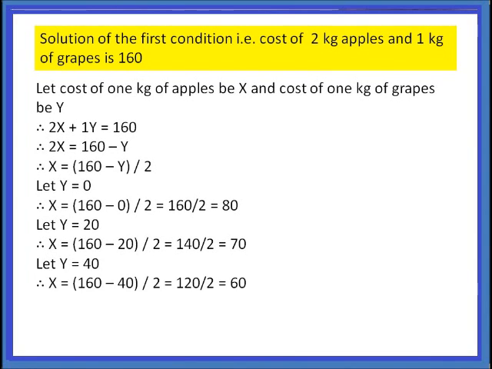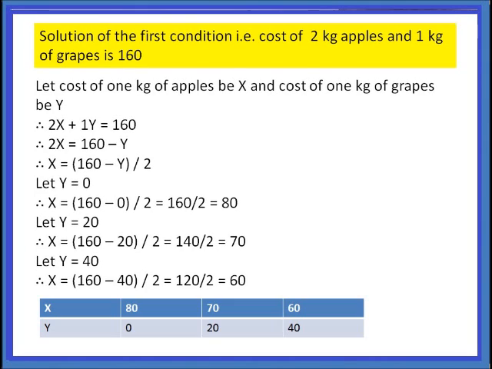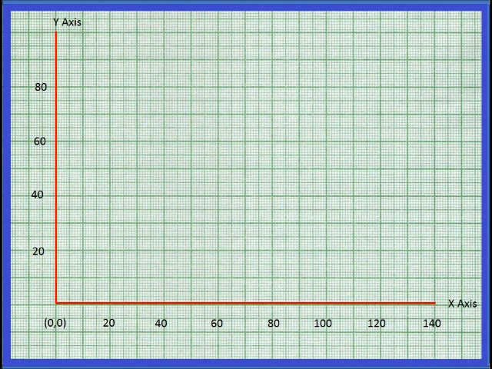Therefore, x is equal to (160 minus 40) upon 2, that is 120 upon 2, which is equal to 60. When we arrange these values in the form of a table, we get x is equal to 80 for y is equal to 0, x is equal to 70 for y is equal to 20, and x is equal to 60 for y is equal to 40.